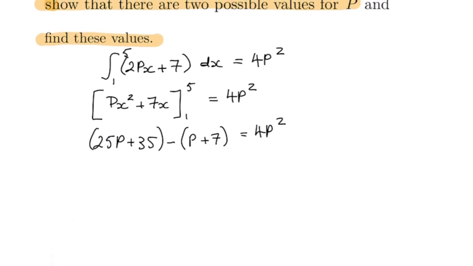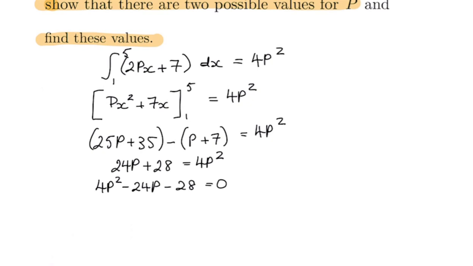So 25p minus p is 24p, and then 35 minus 7 is plus 28, and that equals 4p squared. And that looks like a quadratic to me, so what I'm going to do now is rearrange it so it all equals 0. So we get 4p squared minus 24p minus 28 equals 0.